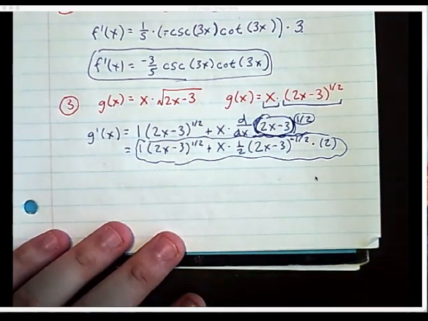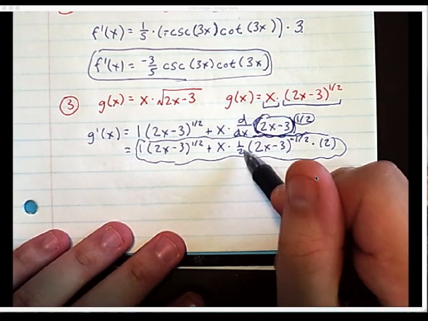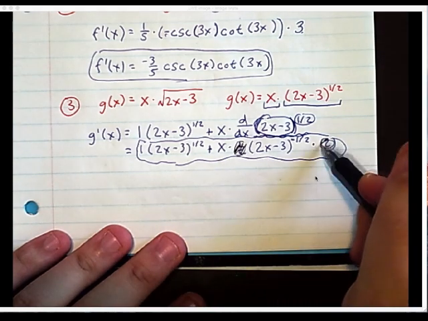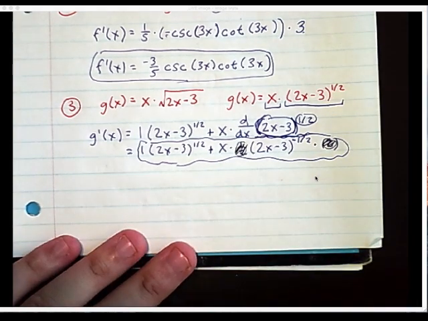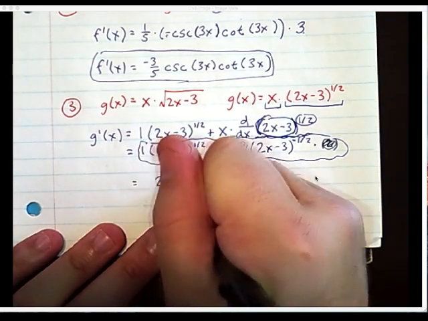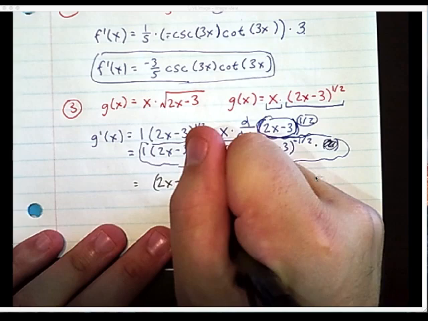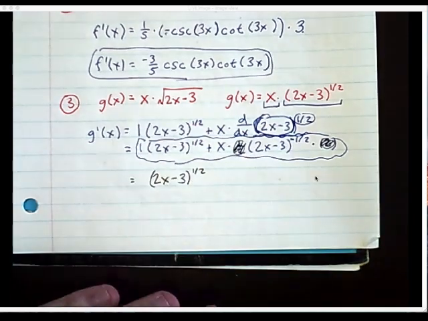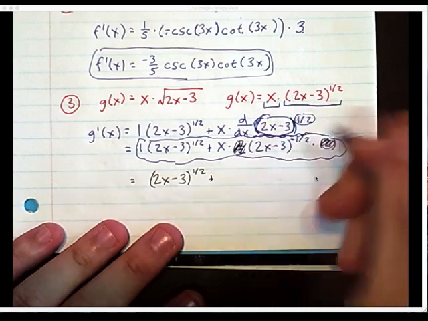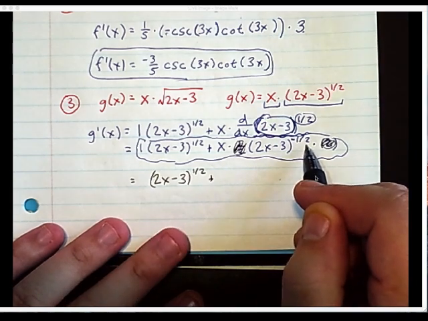Okay, now can we simplify that and make it look a little bit better? Sure we can. We have a 1/2 times a 2. Those simplify to give me 1. So let's think about what we really have here. We have a 2x minus 3 to the 1/2 times 1 is itself, plus this right here is getting raised to the negative 1/2 power.